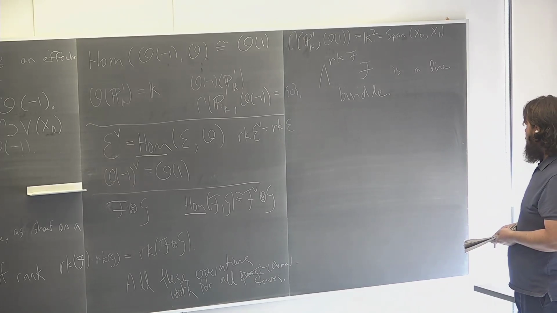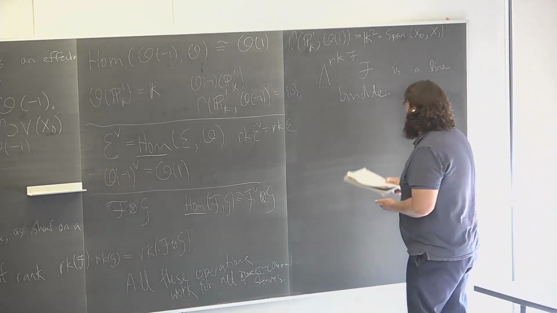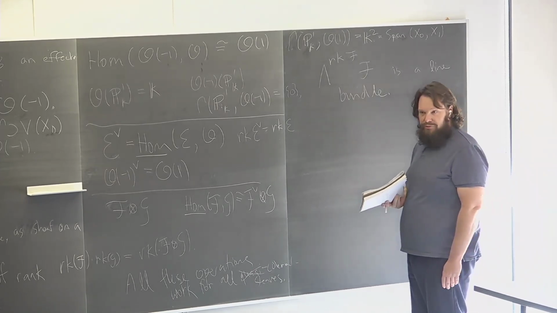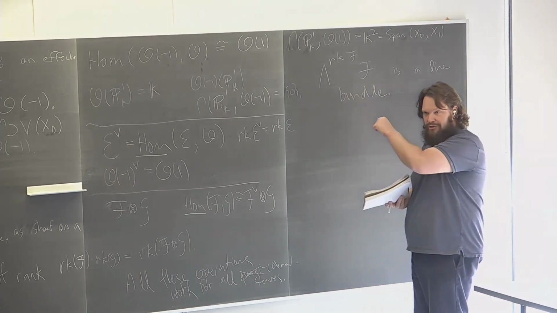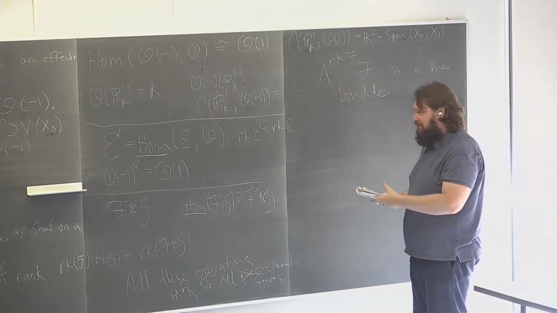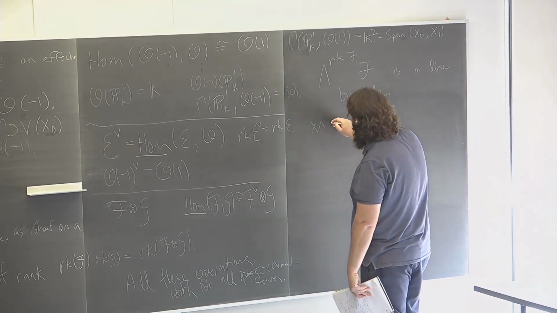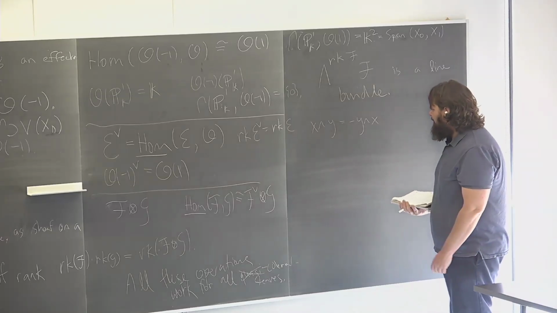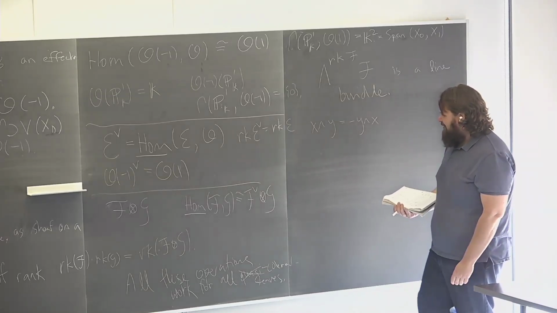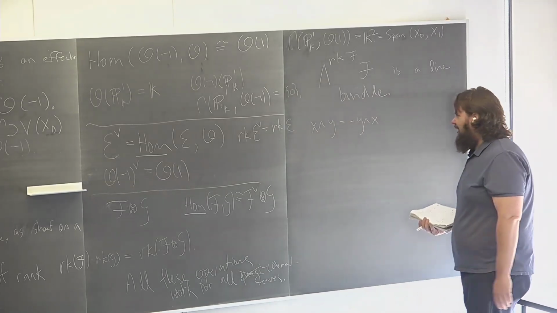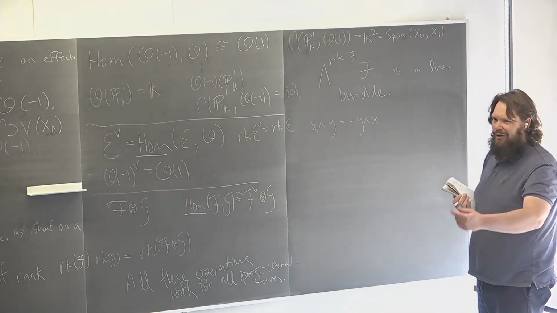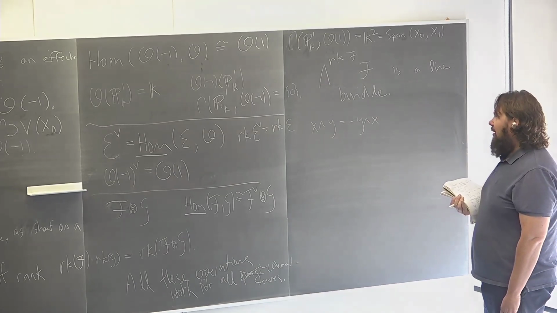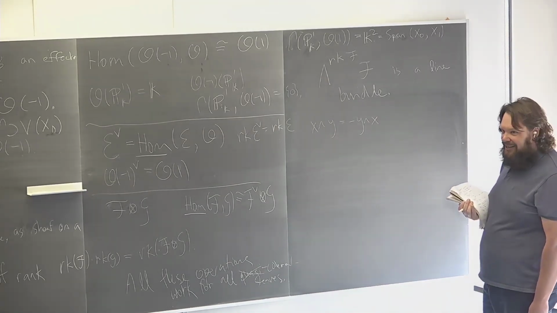The way I would do the wedge powers is I would define the operation on free modules: look at the wedges and then mod out by xy equals minus yx. That's the same as thinking about taking the dual and taking alternating linear maps. You have to be a tiny bit careful in characteristic p.